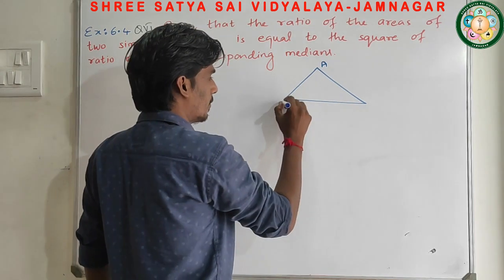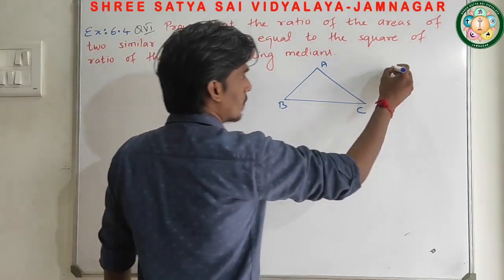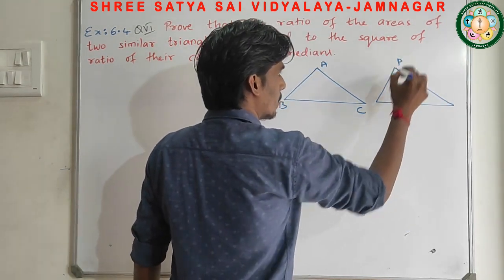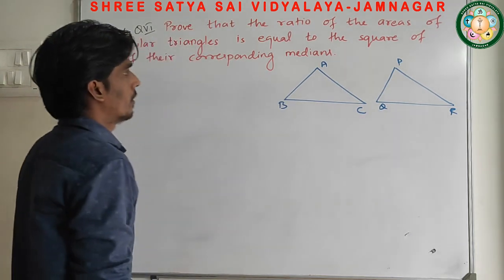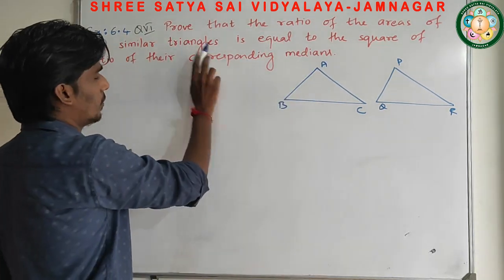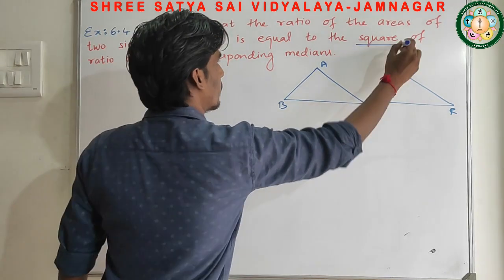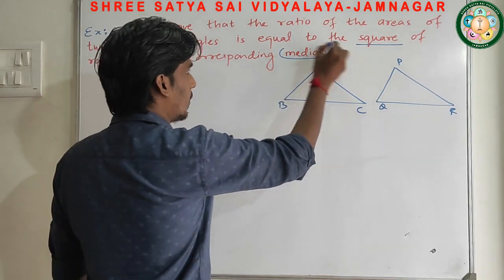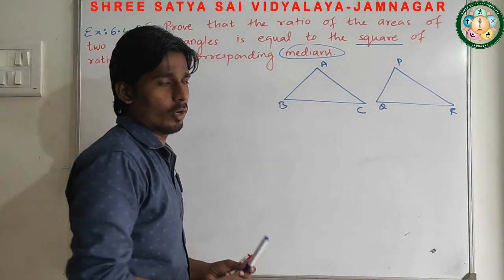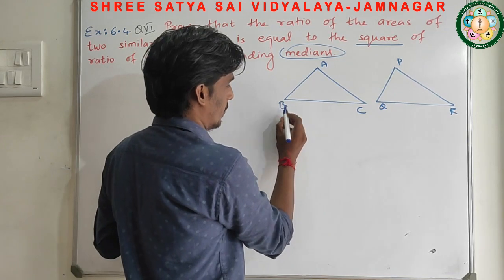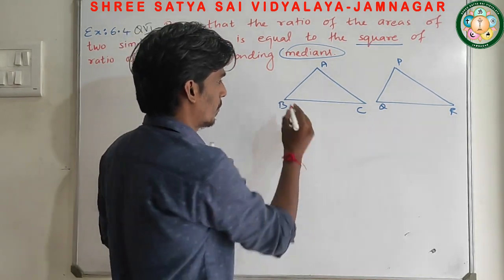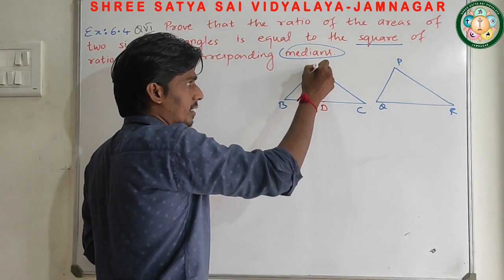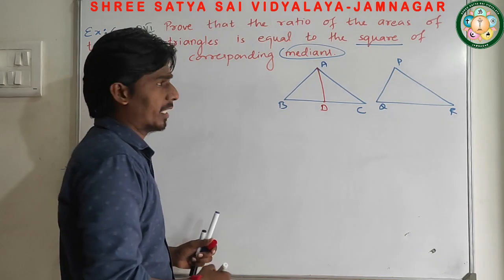This is A, B and C, and one more triangle P, Q and R. Now we know what medians are. If D is the midpoint of B and C, the line passing through A and D is the median of triangle ABC.